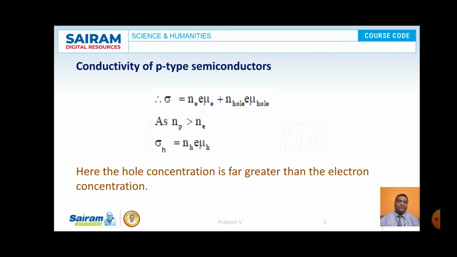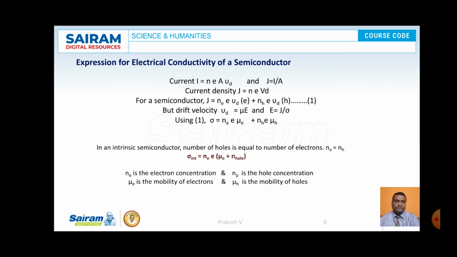Here the hole concentration is very much greater than the electron concentration.